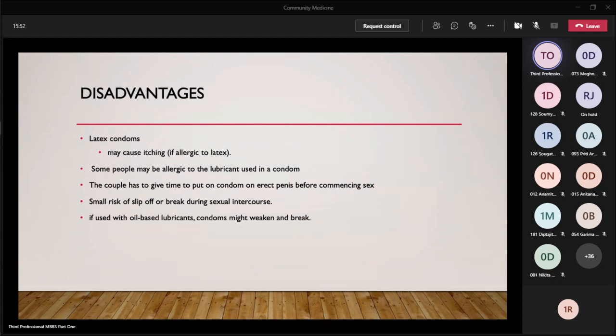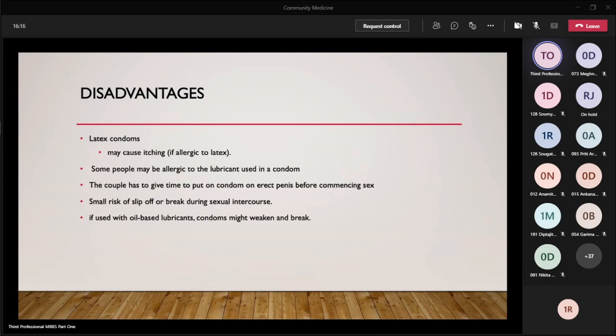Next, regarding disadvantages, the key disadvantage is allergic reaction to the latex, which mostly causes itching, and some people may be allergic to the lubricants used in a condom. The couple has to give time to put it on before commencing sex.